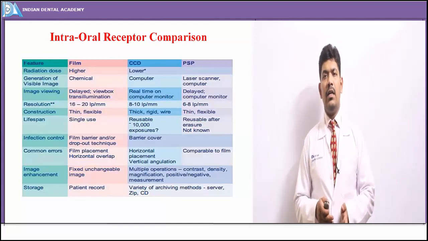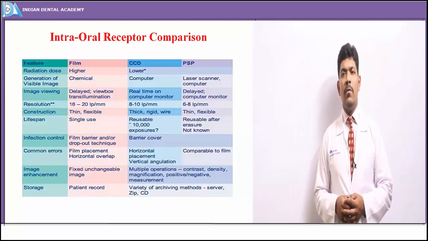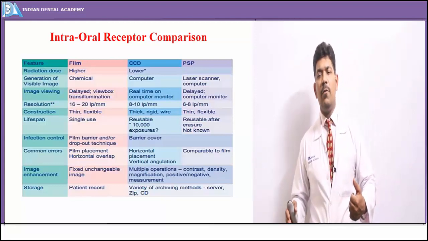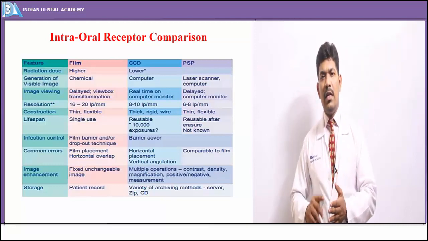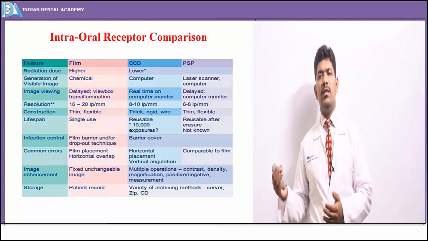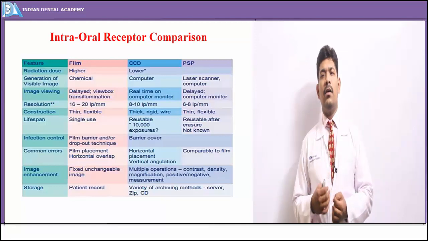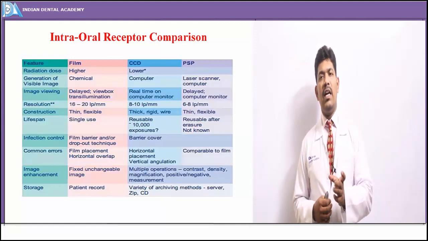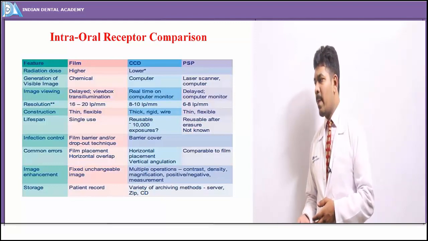Now that is totally negated in digital imaging, wherein many tools, starting from brightness or contrast or double image or replacement image, many kinds of tools can be used in digital imaging so as to enhance the diagnostic properties of that specific image with a lesser amount of radiation dose.